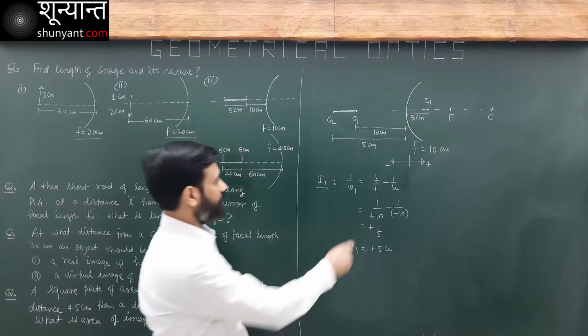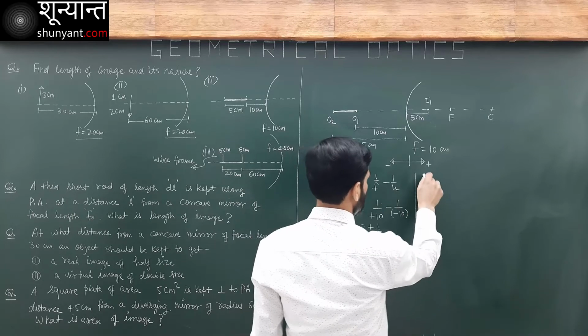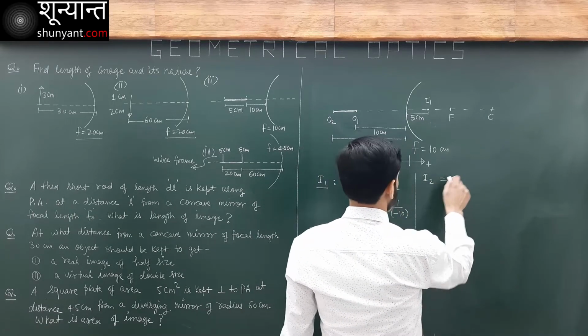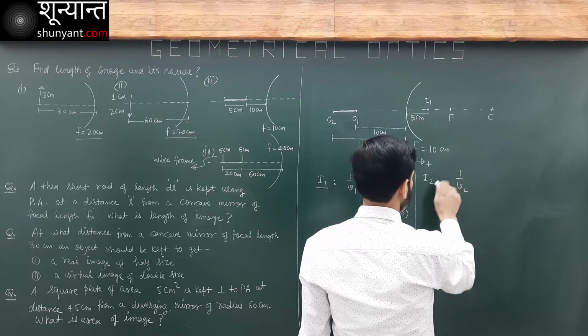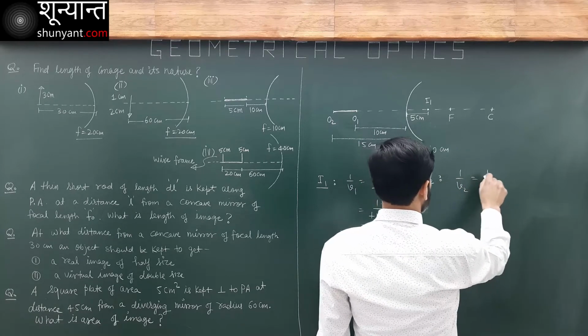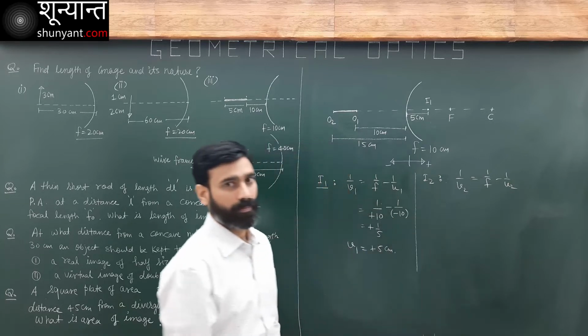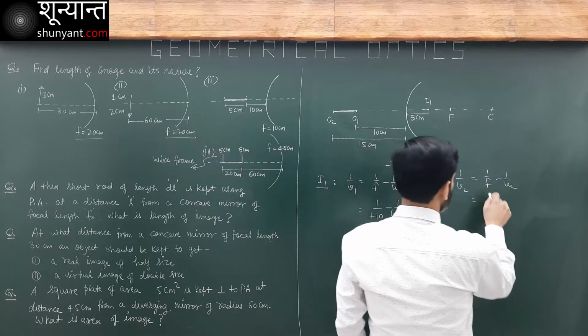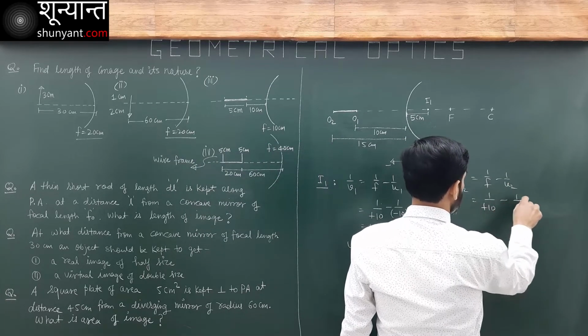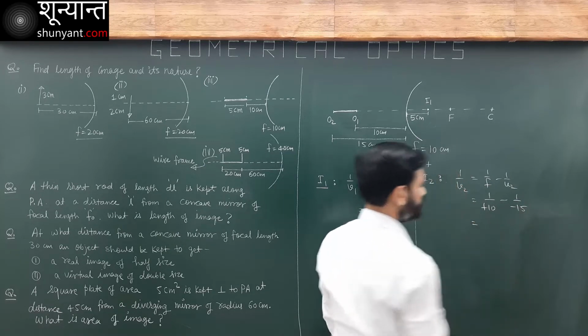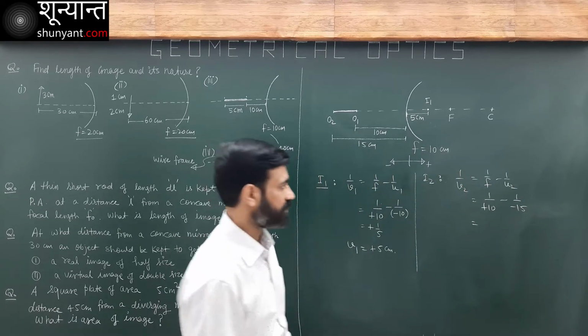Okay. What about I2? For I2, 1 over V2 is equal to 1 over F minus 1 over U2. Okay. U1 and U2. This is going to be equal to 1 over plus 10 minus 1 over minus 15. Okay, understand?